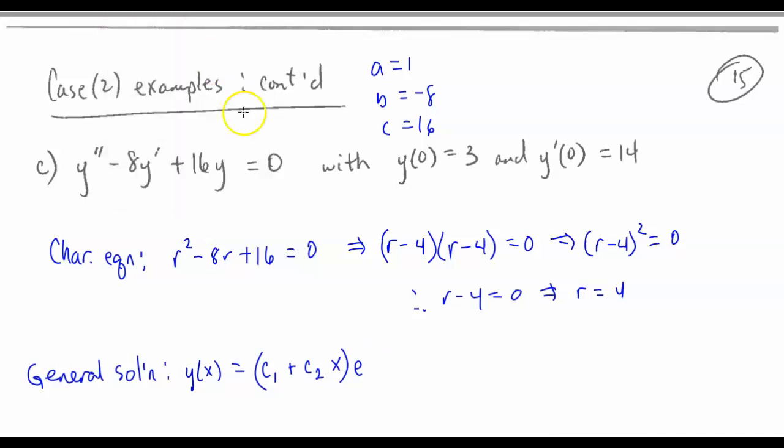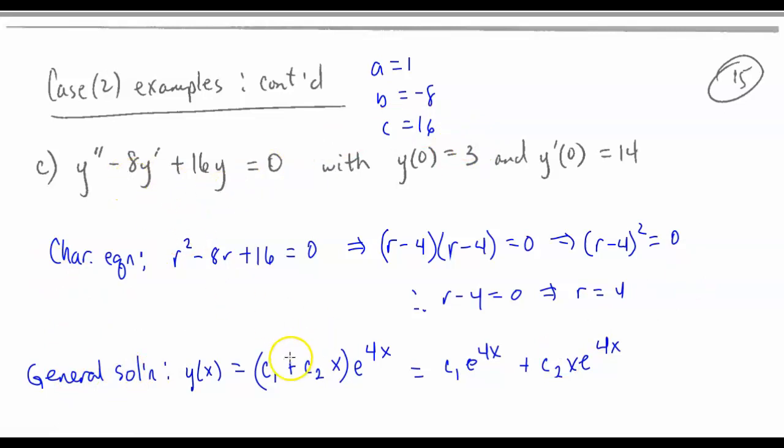So this is just going to be 4x like that. And so that will be our general solution. Again, if you want, you can express this as c1 e raised to the 4x plus c2x e raised to the 4x. Expressing it that way is fine as well. So we have our general solution.